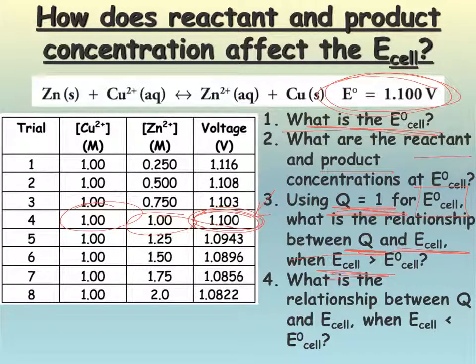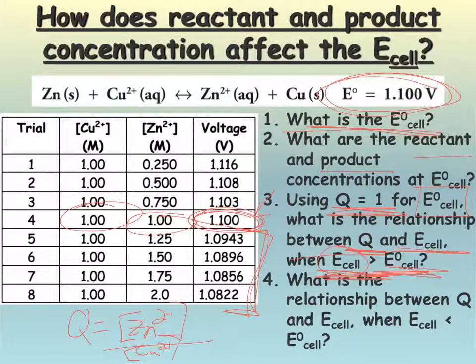So what do we know about when the cell potential is less than what it was at standard conditions? That's basically in this region, okay? If you think about Q in this case, it's just the concentration of your products over reactants.